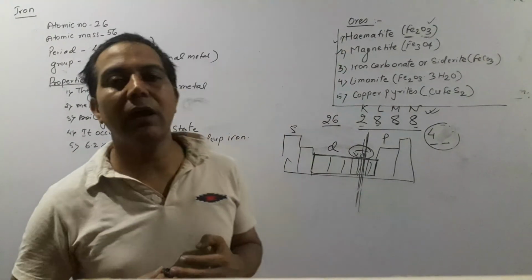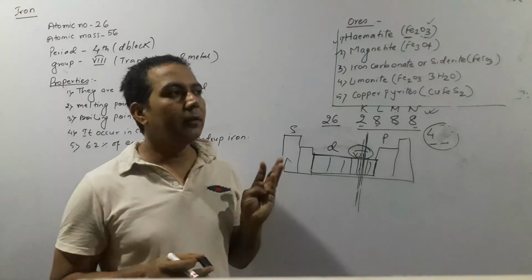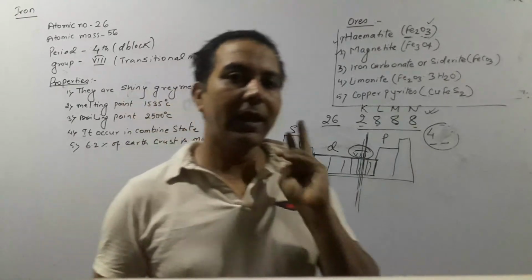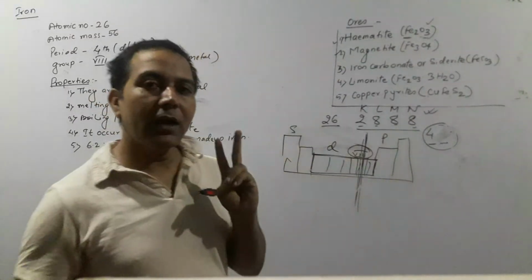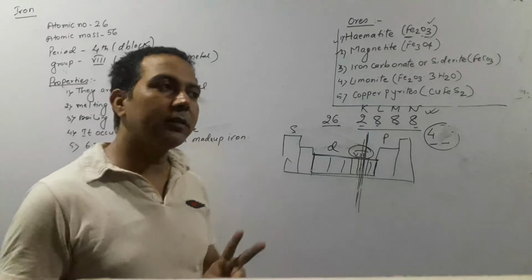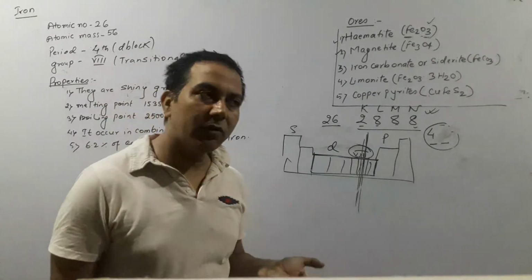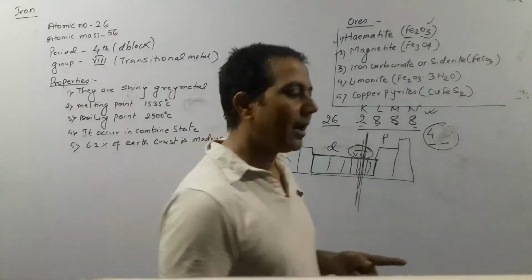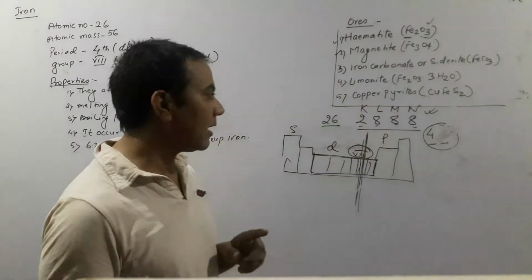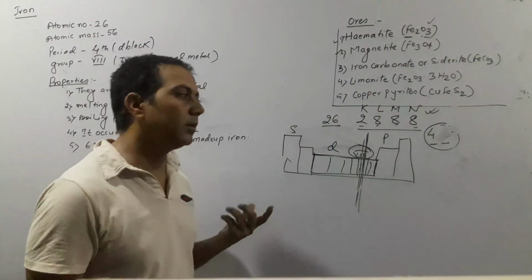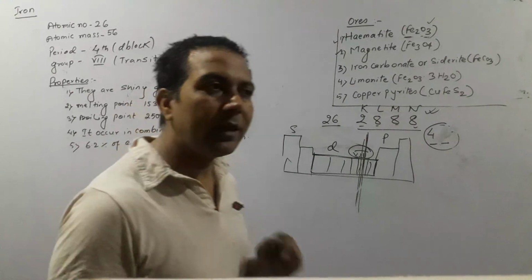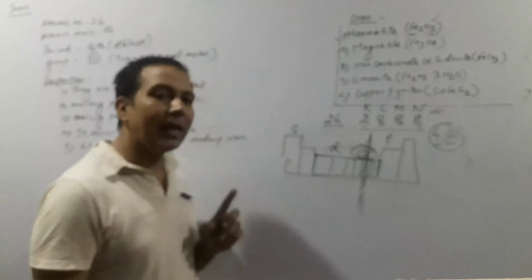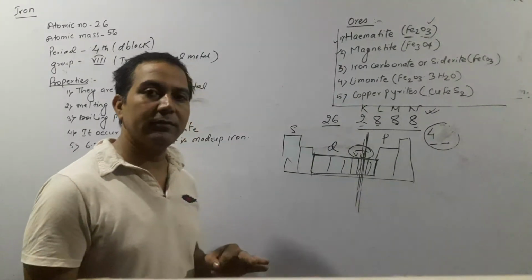So what do we come to know till now about the iron? Number 1, in pure form they are grey in color. Number 2, there are 2 types of iron, cast iron and wrought iron. Cast iron contains a large amount of carbon, and wrought iron contains a little amount of carbon. Then we come to know that the atomic number of iron is 26 and atomic mass is 56.